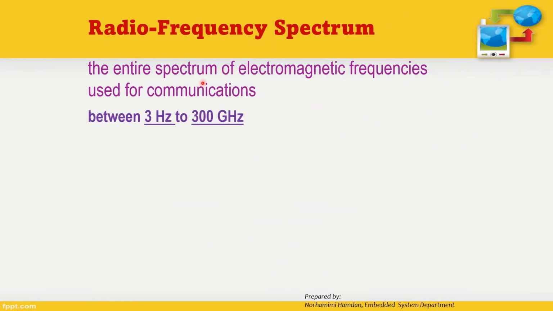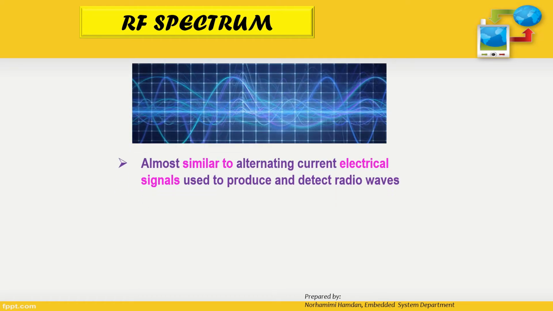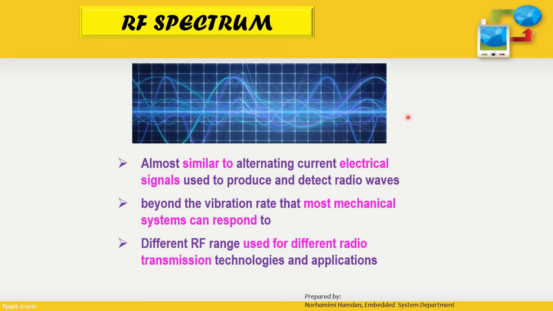The radio frequency spectrum is the entire spectrum of electromagnetic frequency that is used for communication. So in wireless communication, we use the range of frequency from 3 Hz up to 300 GHz. In the radio frequency spectrum, the signal is almost similar to an alternating current electrical signal used to produce and detect radio waves.